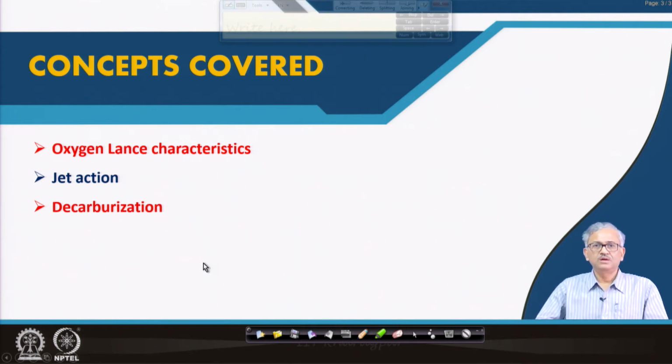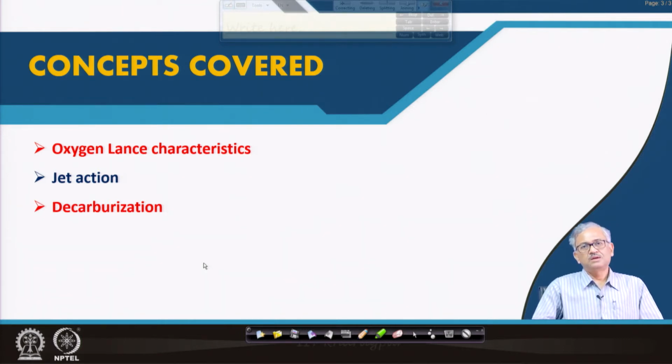Decarburization is not only reducing the carbon in the process, it also has a role to play, because decarburization basically produces in situ CO in the slag, and that forms the foam as I just discussed, and the emulsion. It stabilizes the foam as well as the emulsion.